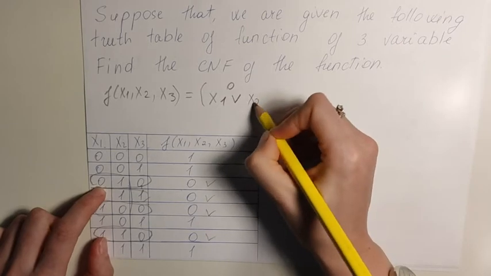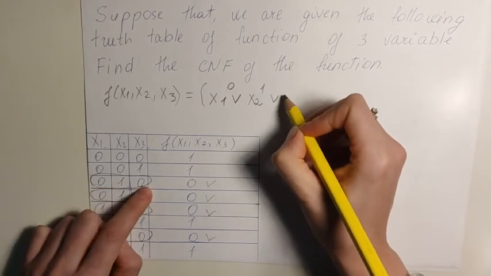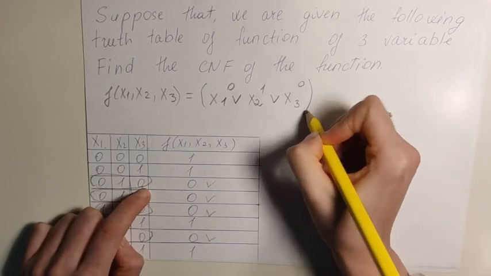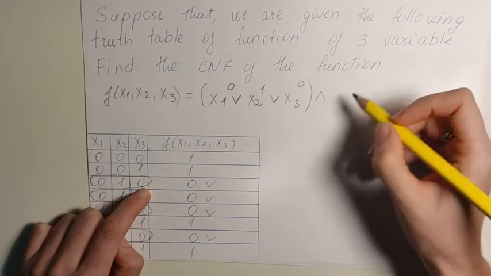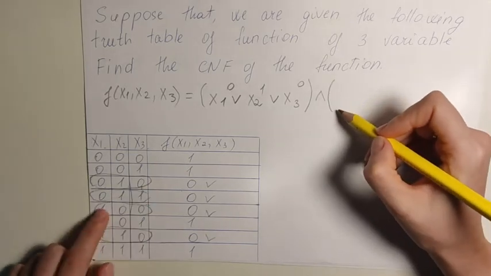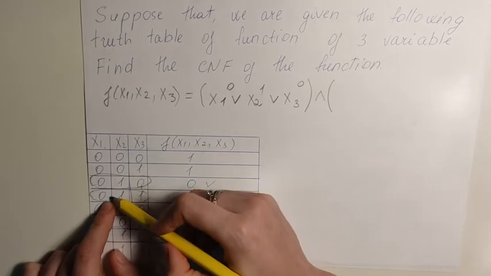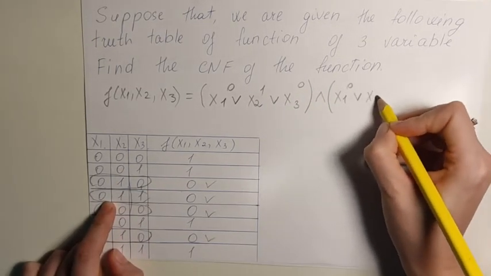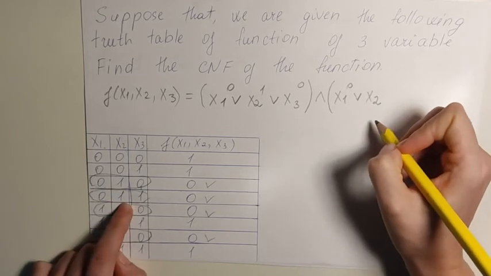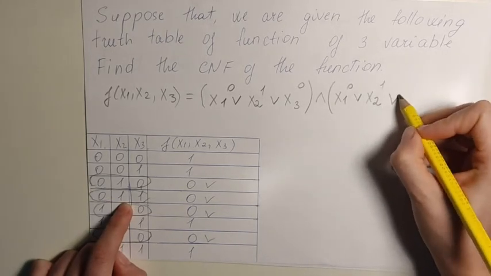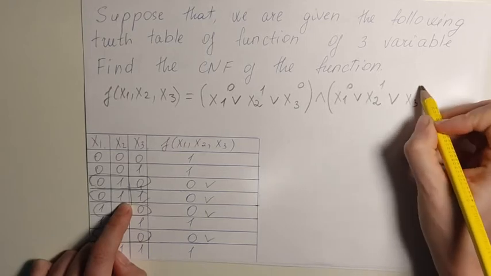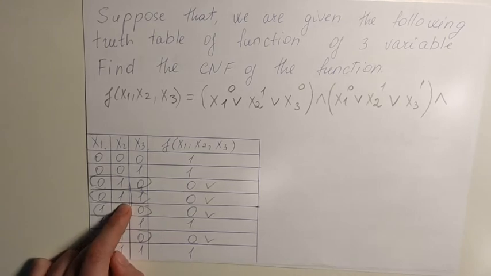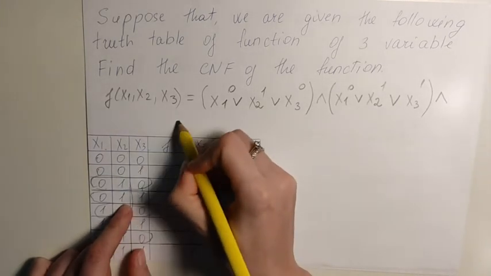We should write x1 0 conjunction x2 1 conjunction x3 0. Disjunction. Next triple: x1 0 conjunction x2 1 and x3 1. Again, we will continue the process.